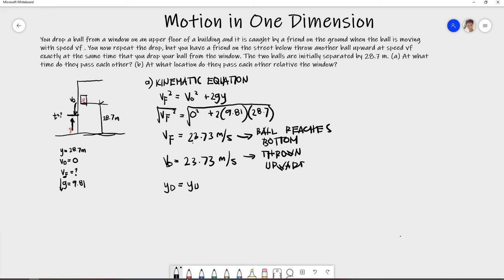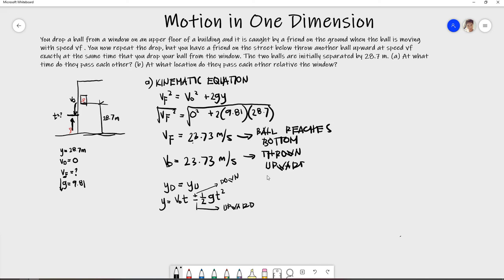The kinematic equation we are going to use is y equal to the initial velocity times the time plus or minus 1/2 gravity times the time squared. We use positive if it is downward, and negative if the ball is traveling upward.